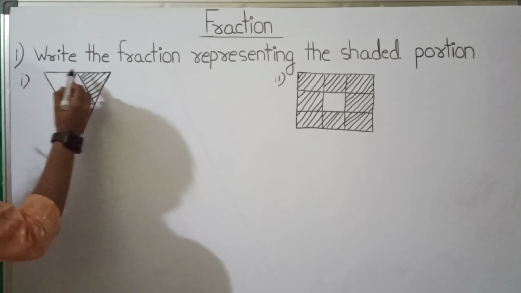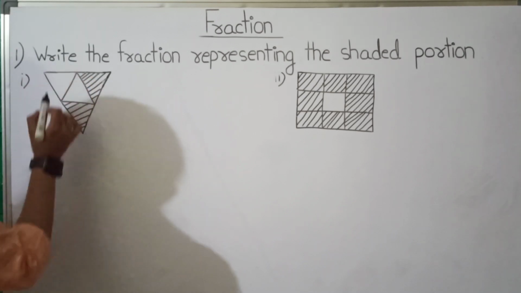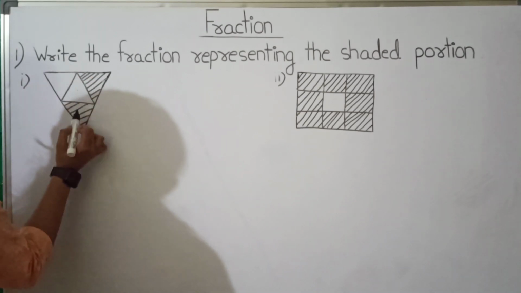First part is a triangle, and the number of parts in this triangle are 1, 2, 3 and 4.